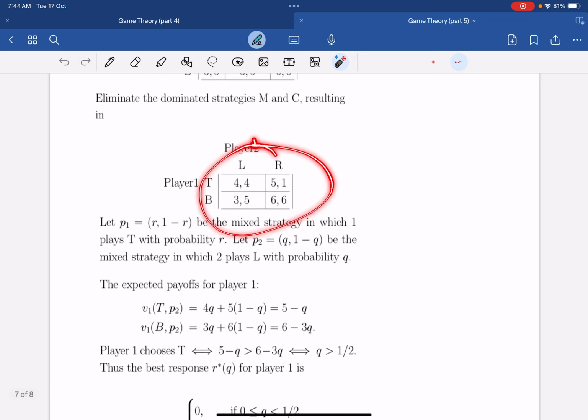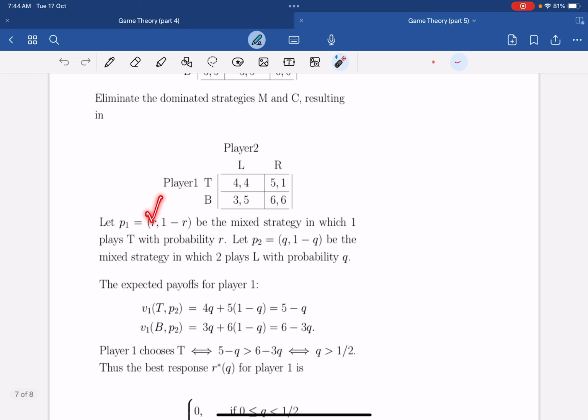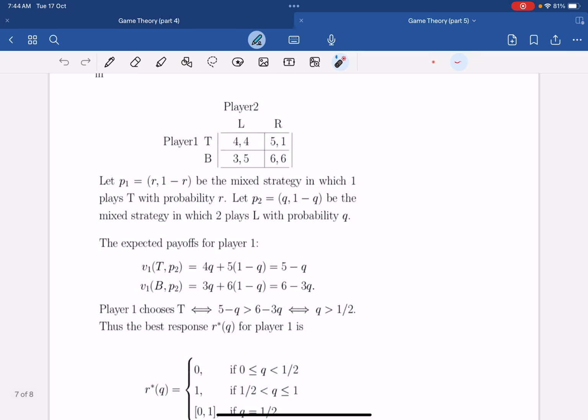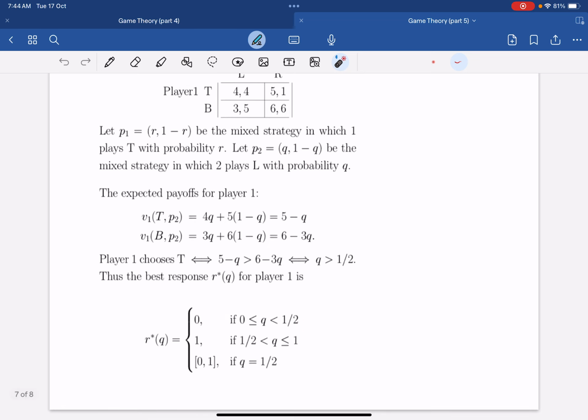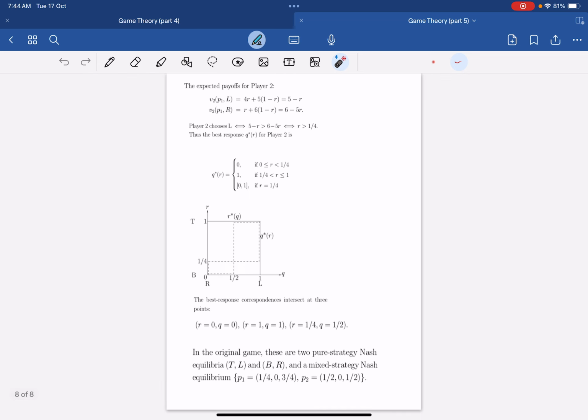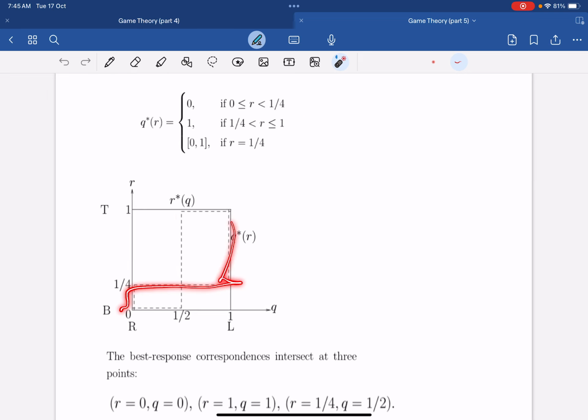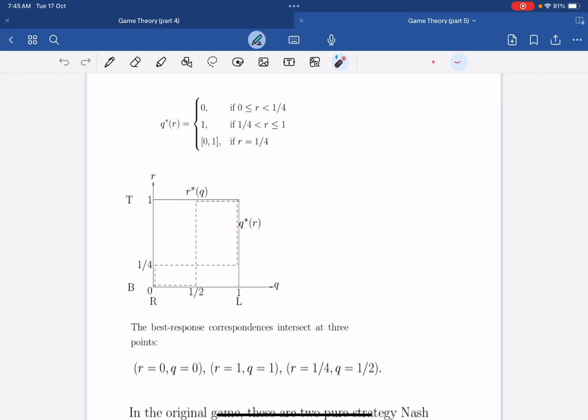With this, we can use the same argument with R and 1 minus R, Q and 1 minus Q to get the best response function. Once we get the best response functions, we draw them out and see where the intersection lies, which is here. In this case, Q is half and R is 1/4.